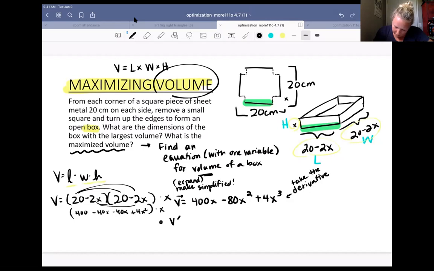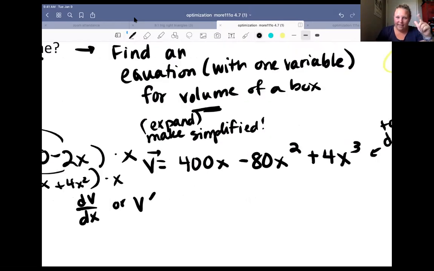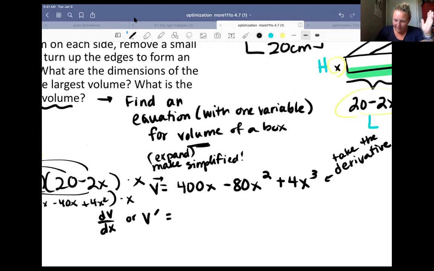Or if you wanted to, you could do the derivative of v with respect to x. We had that notation back in chapter 3, I think. It's called Leibniz notation. It's just telling you you're taking the derivative of the volume function with respect to x. That's what this little dv dx is referring to. It's just the derivative of the volume with respect to x. But now we have this really nice string of polynomials. The derivative is one of the easiest things you could find.